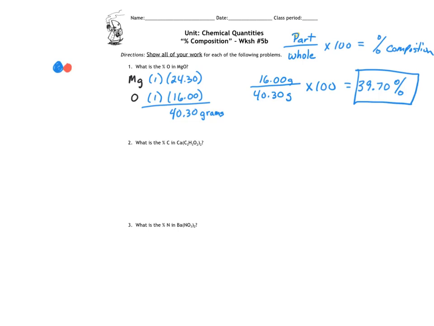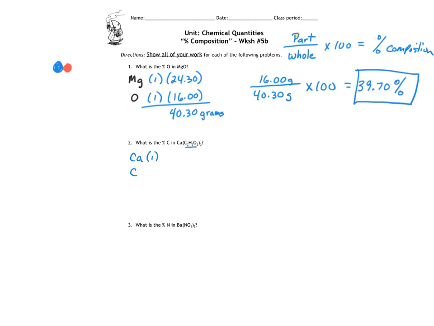Let's go ahead and drop down and do number 2 also. What is the percent of carbon in Ca? And notice we've got parentheses. We haven't done naming compounds, so I'm going to try to avoid just spitting out the names. This compound, it doesn't matter what it's called. So the first thing we have to do is find the molar mass. For calcium, we have 1 atom of calcium.